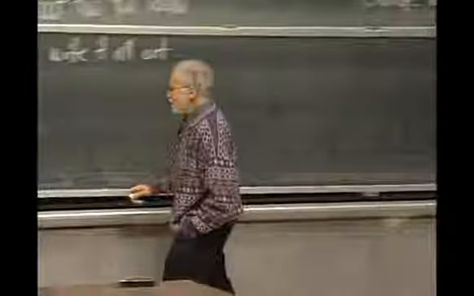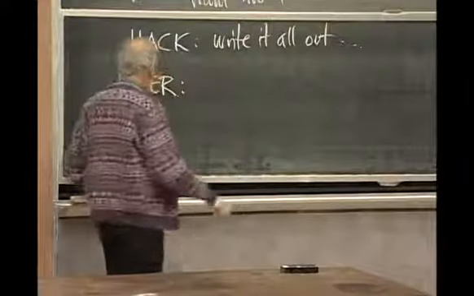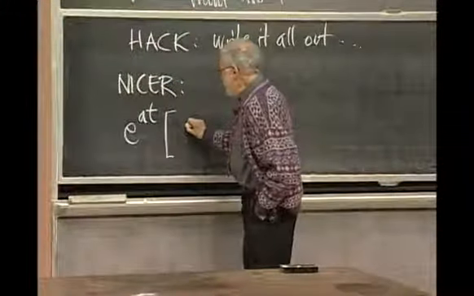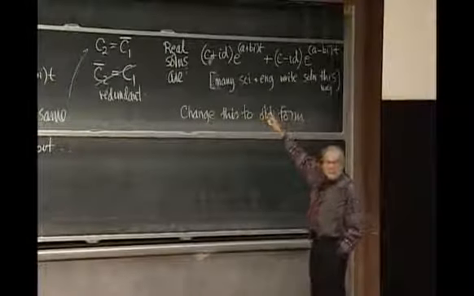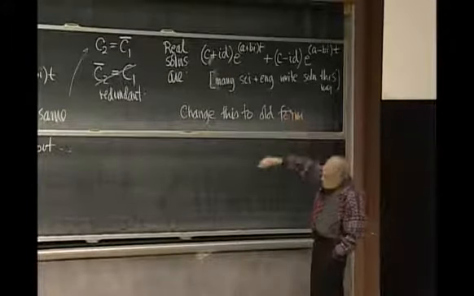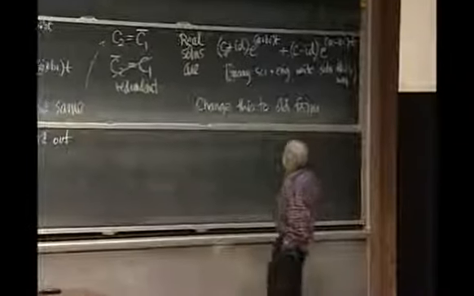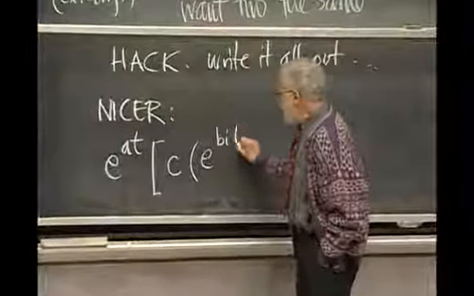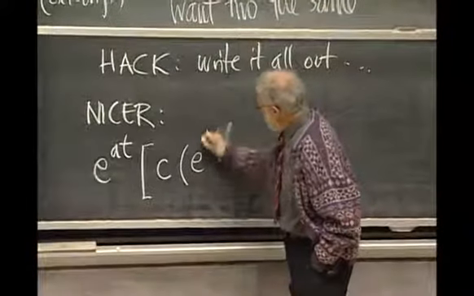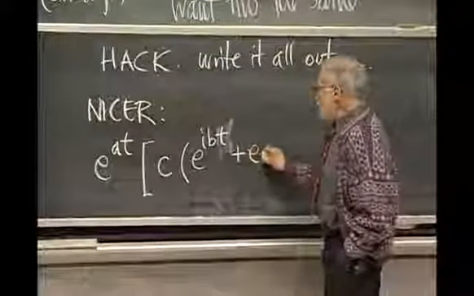And what's left involves just the two parameters c and d. So I'm going to have a c term and a d term. What multiplies the arbitrary constant c? After I've removed e to the at, what multiplies it is e to the ibt, and the other term is plus e to the negative ibt.